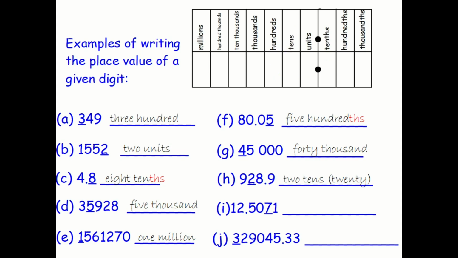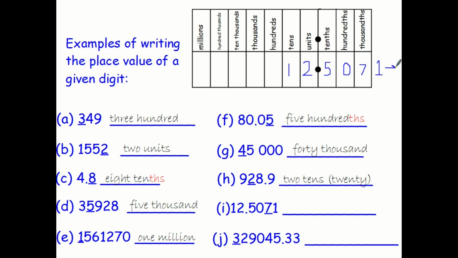Okay, what about this one? We've got 12.5071. Around the decimal point, I can see I've got 5 here, I've got a 2 here, so the 1 goes there, 5071. And just because my place value table stops there doesn't mean there aren't columns to the right of it going this way.